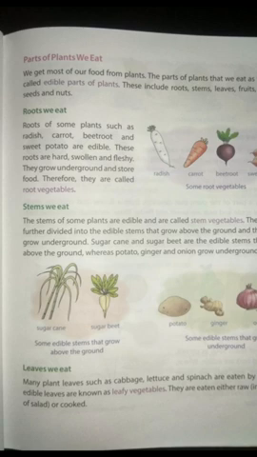The parts of plants that we eat as food are called edible parts of plants. This one also, underline.